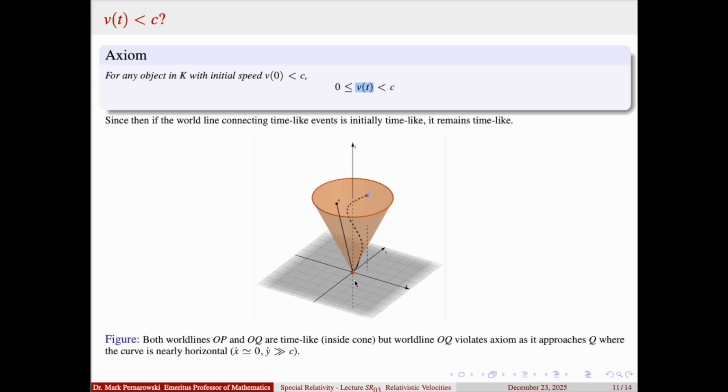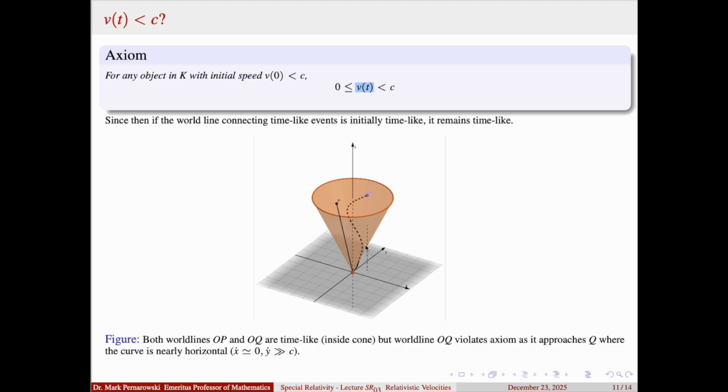Well, the question might be, there are other possible curves within here. Are they realistic? Well, this one here I claim is not. And the reason it isn't is the following. Maybe this is describing the motion of a particle, and it comes up here, and as you follow this, it starts to move up in the y direction without x changing.